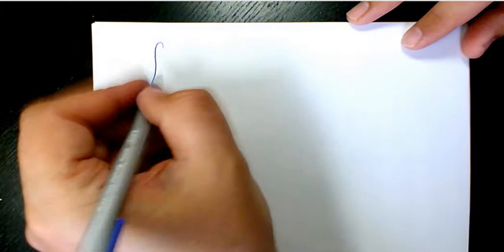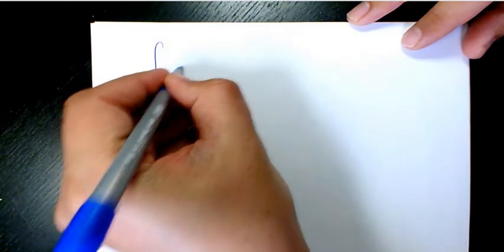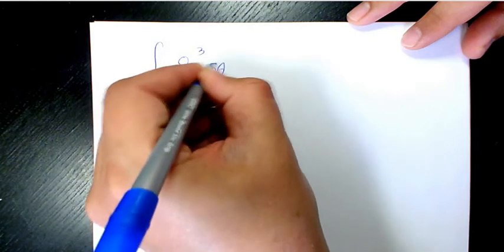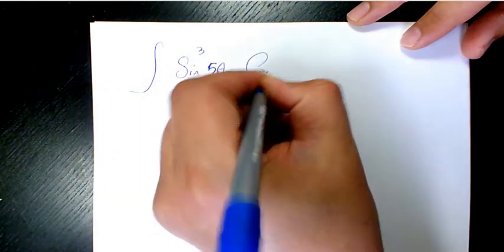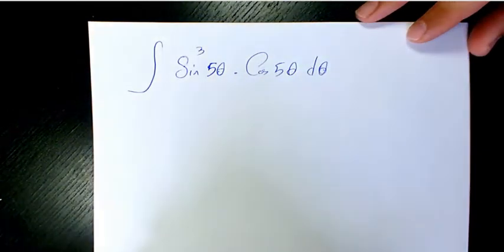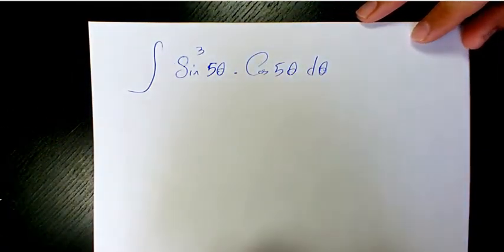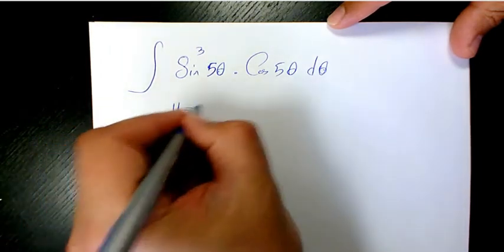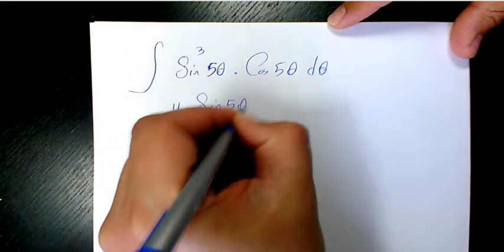Now let's change it a little bit, and I'm going to have something like sine to the power of 3 of 5 theta times cosine 5 theta d theta. How do we deal with this kind of example? Again, I'm going to have u equals sine 5 theta.